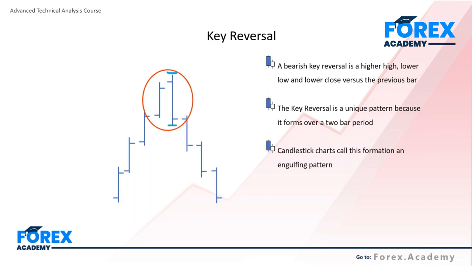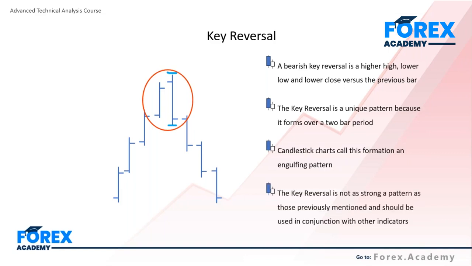From a bar chart perspective, the key reversal is not seen as the strongest of the reversal type of patterns and should, however, be used in conjunction with other indicators to provide a greater degree of conviction around the pattern if and when you do see these types of patterns occurring.